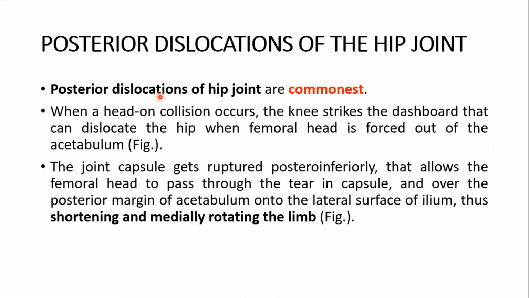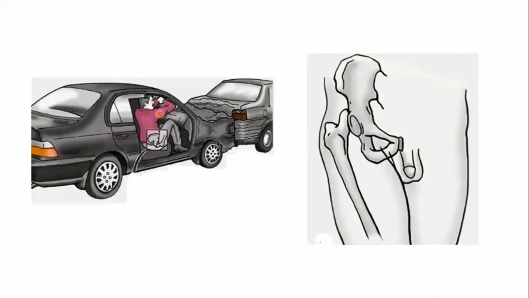So the posterior dislocations of the hip joint are commonest. When a head-on collision occurs, the knee strikes the dashboard, which can dislocate the hip when the femoral head is forced out of the acetabulum.